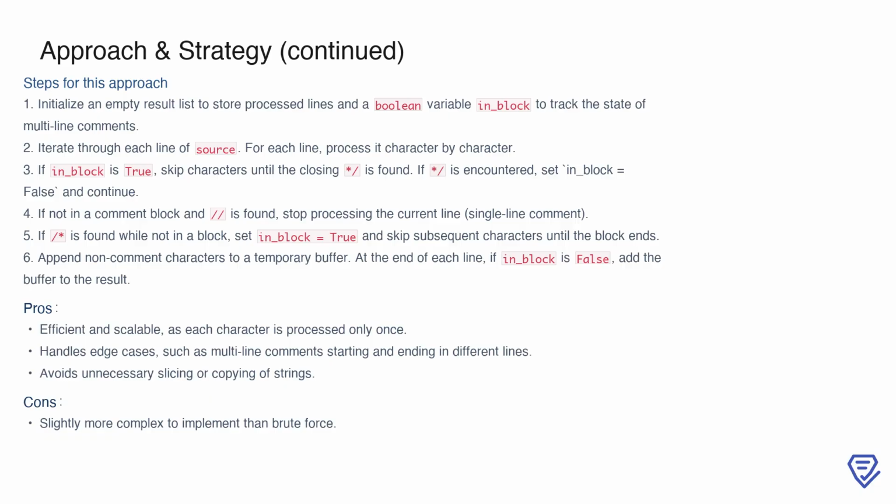Non-comment characters are stored in a temporary buffer, and if we're not in a comment block at the end of the line, the buffer gets added to the result. This approach is efficient, handling edge cases like multi-line comments spanning multiple lines, and avoids unnecessary string slicing or copying operations. While slightly more complex to implement compared to brute force, it strikes an excellent balance between performance and clarity.